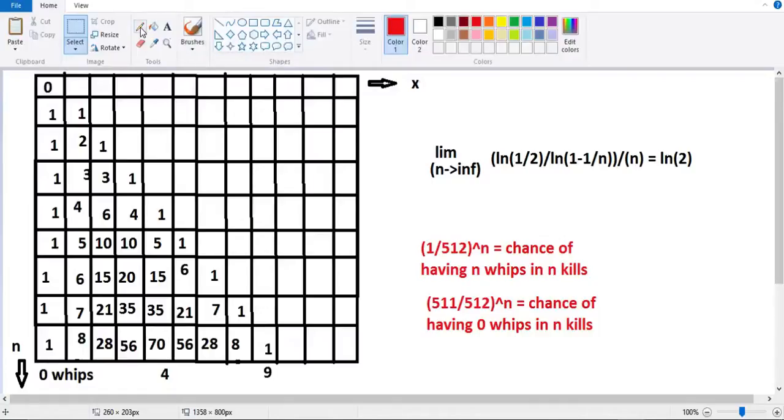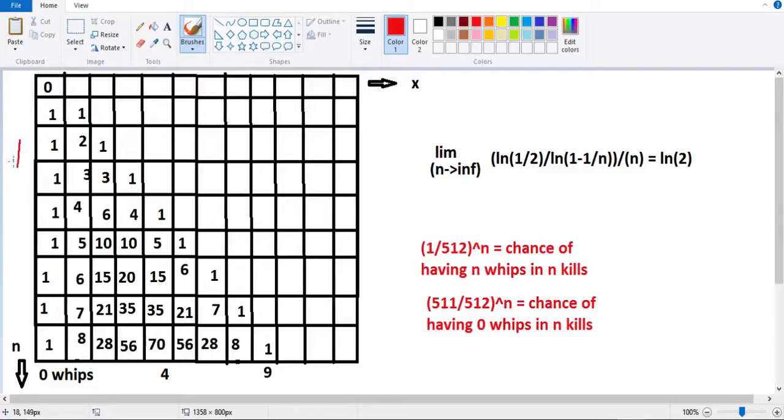And then you want to know how do I go from this line to this line? I have to land on a tile like this. I have to switch. So how do you switch? Well, the way you stay on this line is by not getting a whip, and the way you change line is more like this, because you gain a kill when you change line.